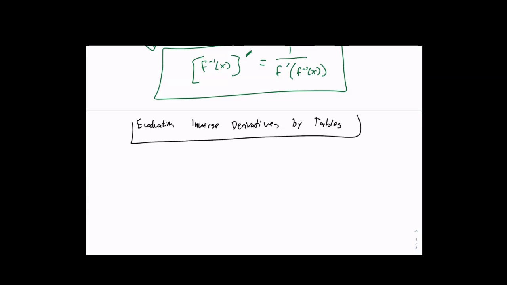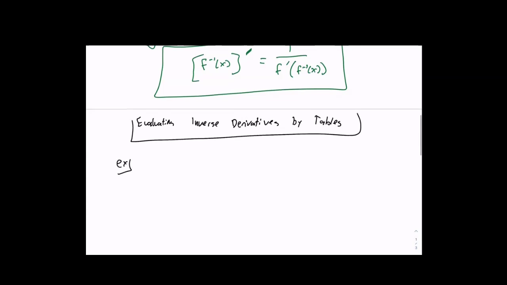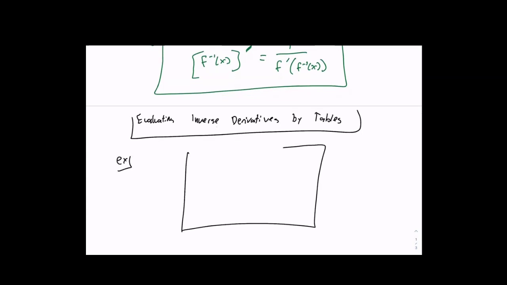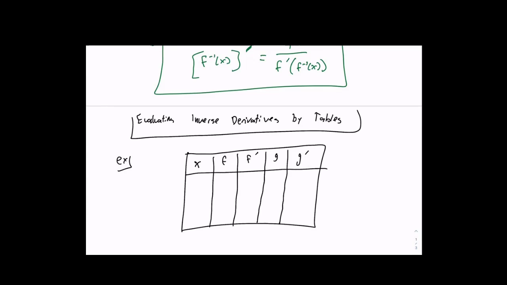So in this example, we're going to use the following table: x, f, f prime, g, and g prime. Now, in this problem, I'm going to state that f and g are not inverses.